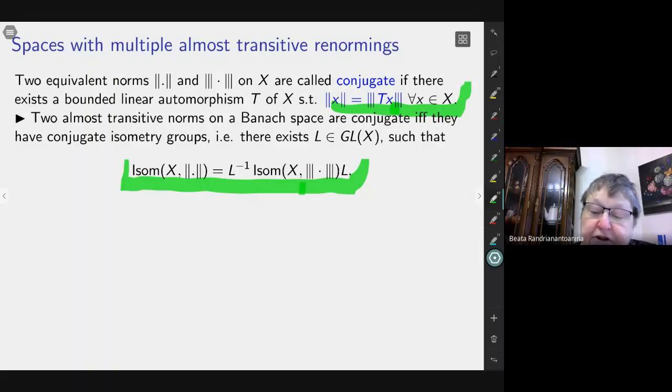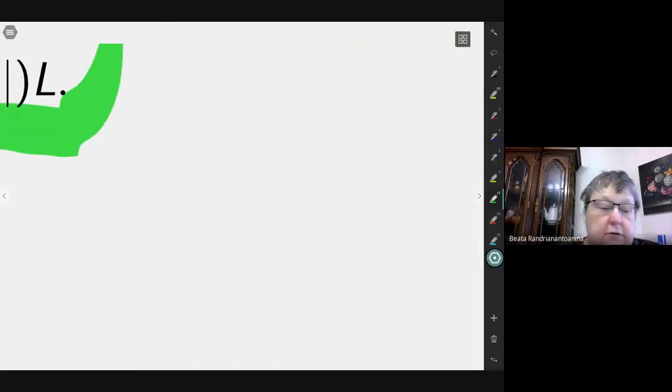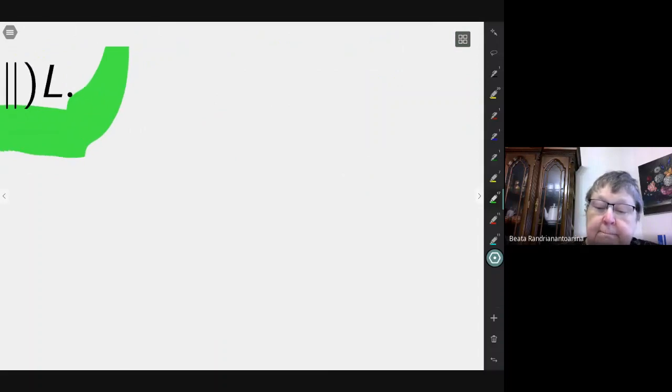Well, in general, no, because you could have an isometry group which is trivial. There are no isometries at all besides identity and minus identity. And those norms don't have to satisfy this strong condition, but they, of course, would have the same group.